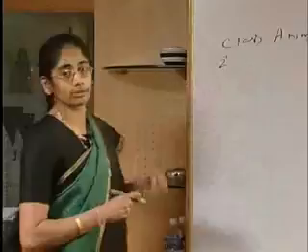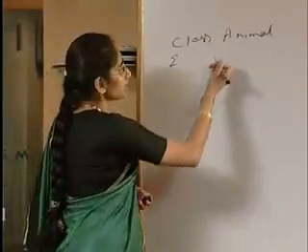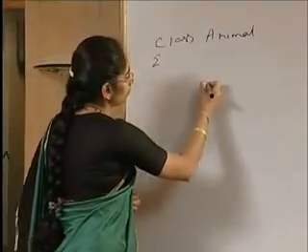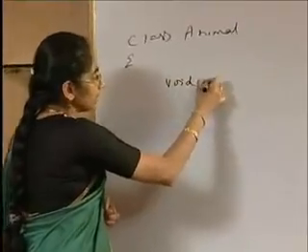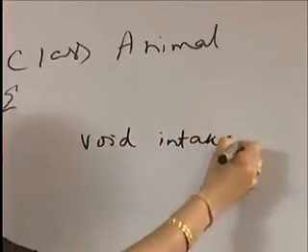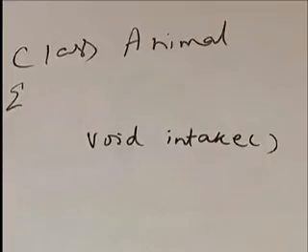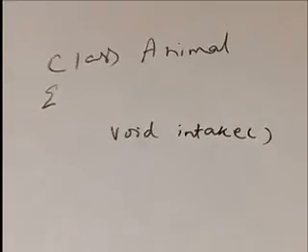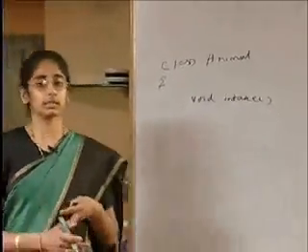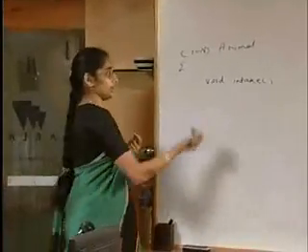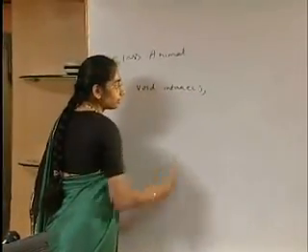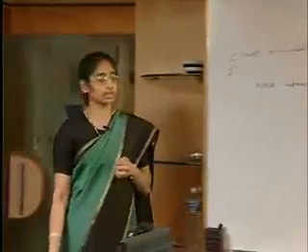So let's look at some of those things. So class animal, let's assume we want to define the intake of animal. What type of food does an animal eat? We cannot really define this because it really depends on the type of animal. So there is no definition for this particular functionality.